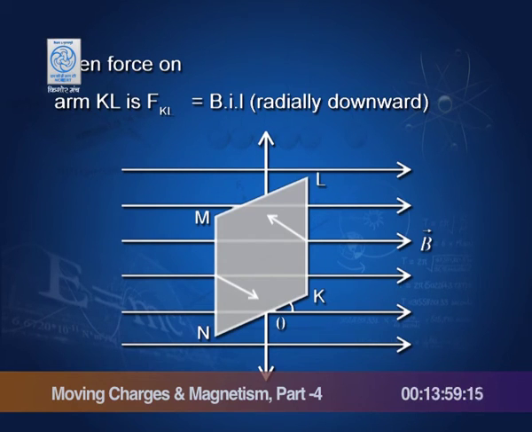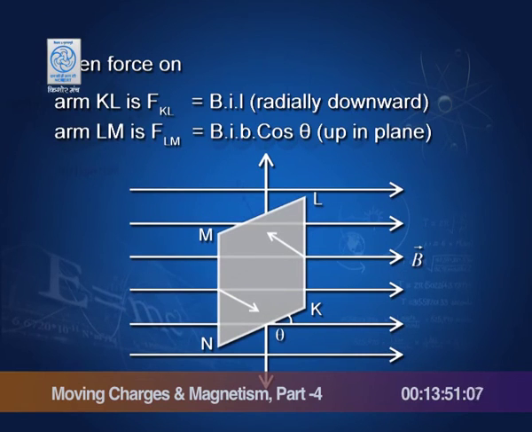According to Fleming's left hand rule, this force will be radially downward as shown in the diagram. Force on the arm LM is F_LM equals BIb cos theta. Once again, according to Fleming's left hand rule, the magnetic force will be upward in the plane of the paper.